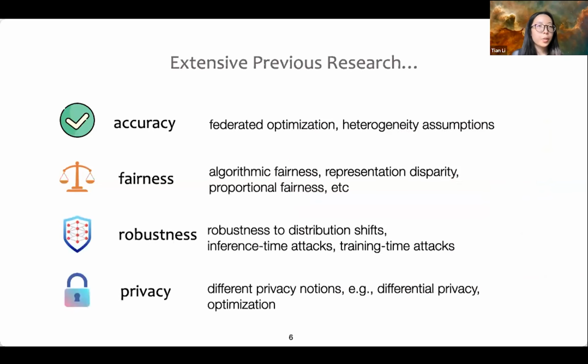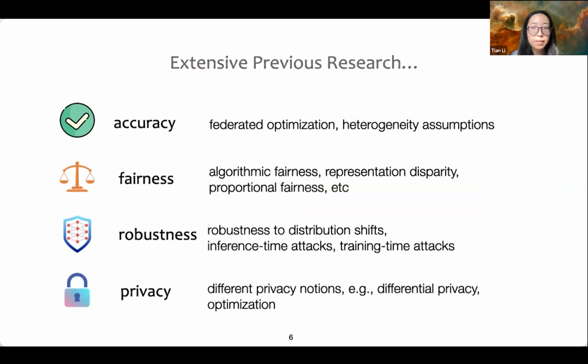There is lots of extensive previous research that has been done to address different challenges and constraints in federated networks. And this is definitely not a complete list of the things that people have considered.